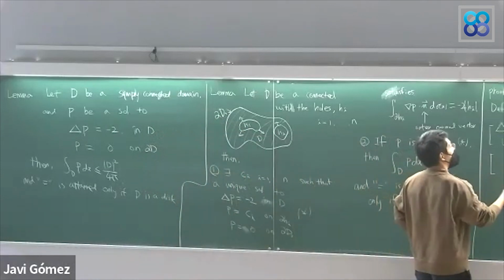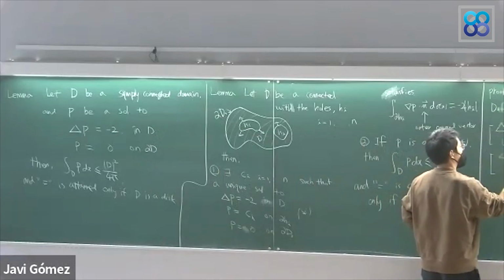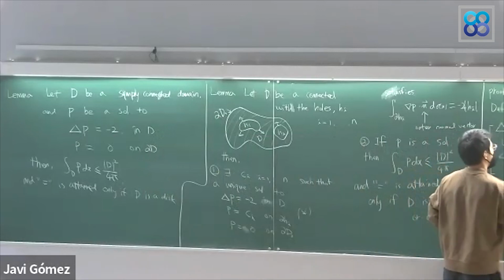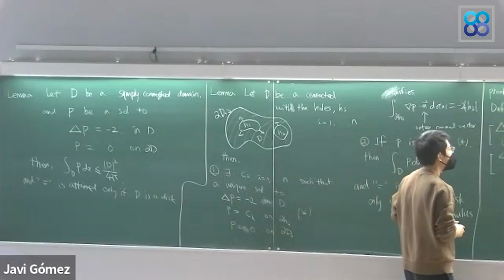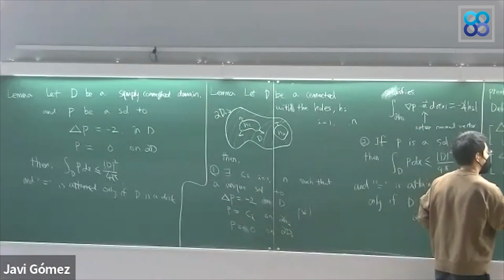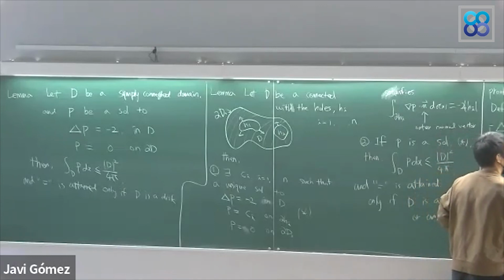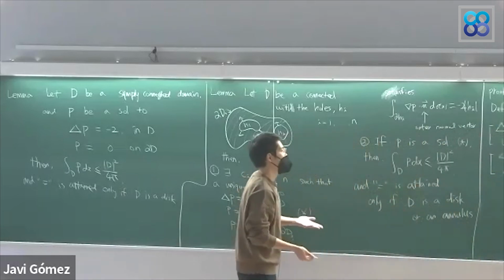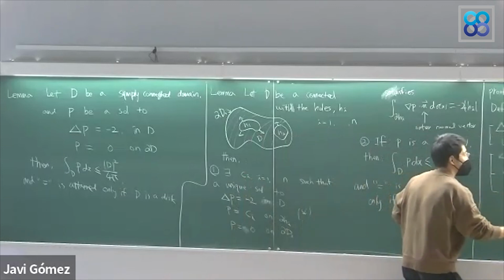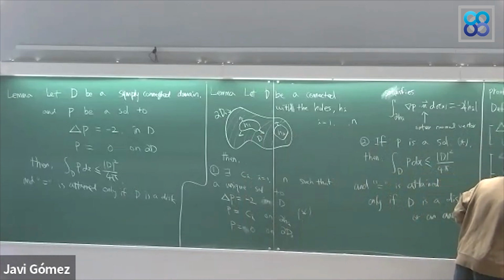And Vi is a harmonic function, and Vi goes to 1 on the boundary of the ith hole, and 0 on the boundary of the other holes and the outer boundary.